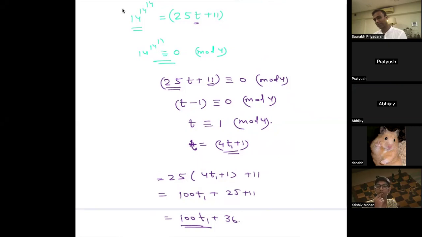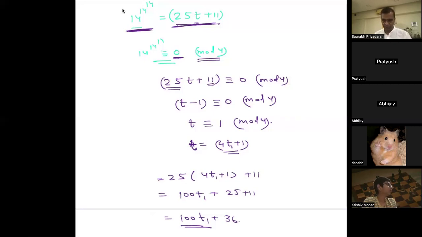Sir, how did you get 25t plus 11 congruent to 0 mod 4? Because this number I am writing here is nothing but 25t plus 11, and this number when divided by 4 is giving 0, right? 2 to the power 14 will contain more than two 2s, so this is always divisible by 4.